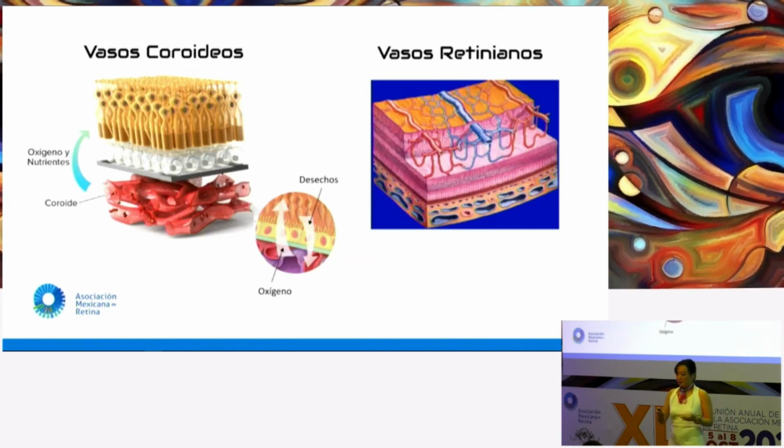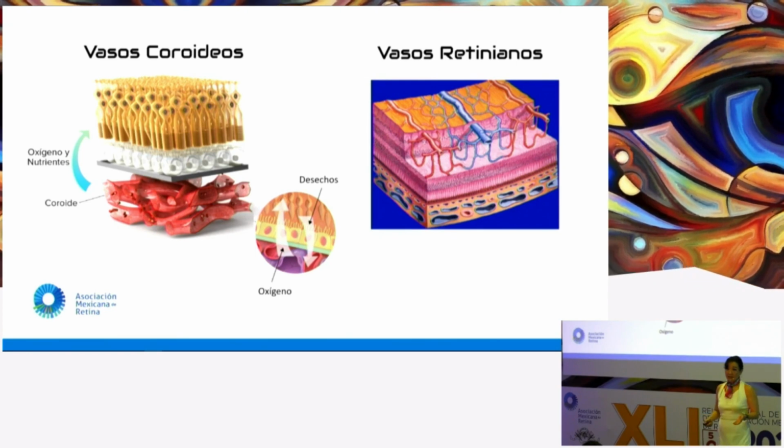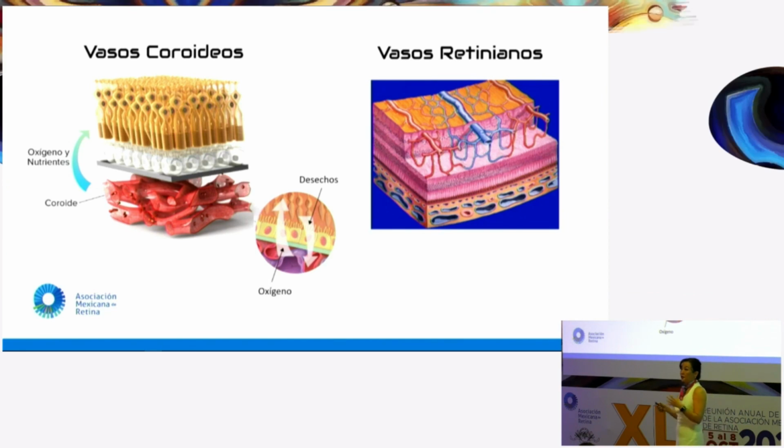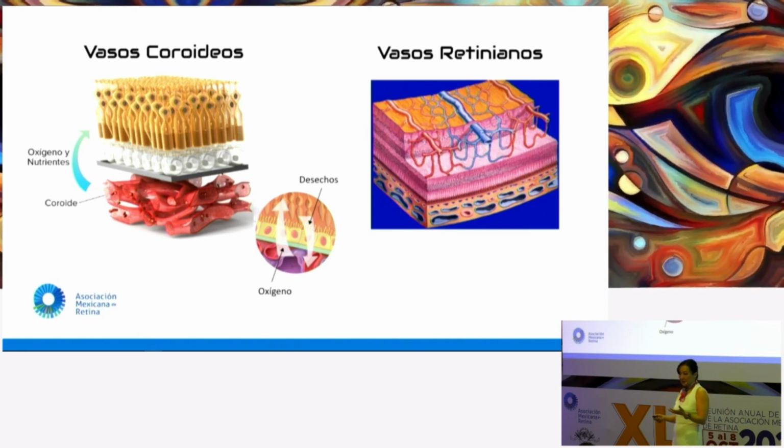Choroidal vessels are in charge of oxygen and nutrient exchange and of disposing of waste material. It is on the external portion of the retina. Retinal vessels are in charge of exchange mechanisms, but on the 2 internal portions of the retina.